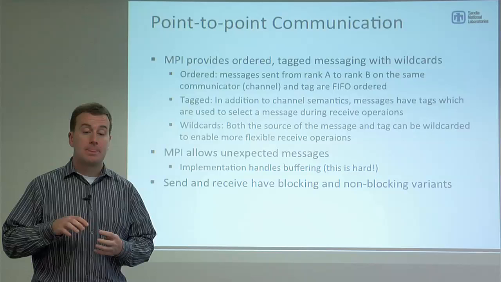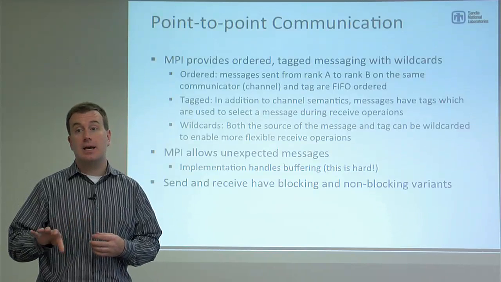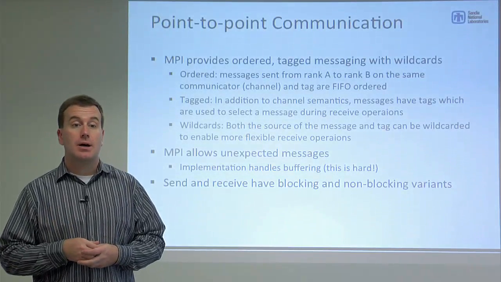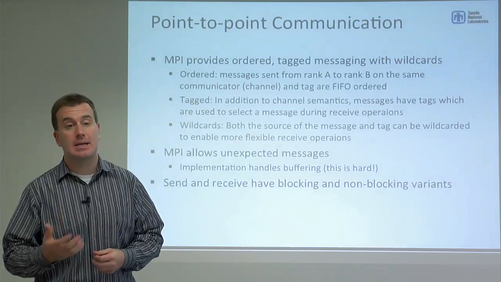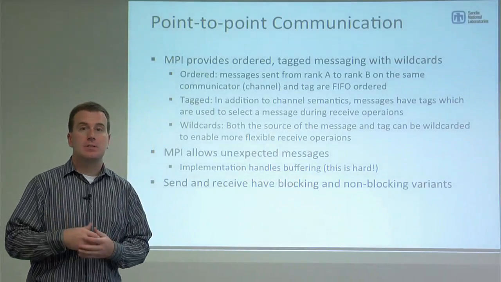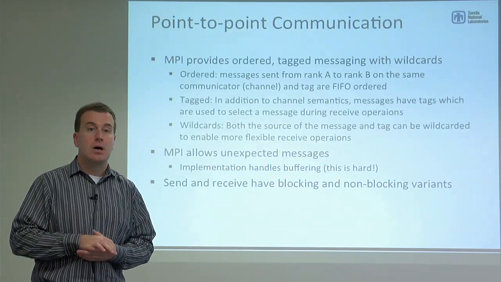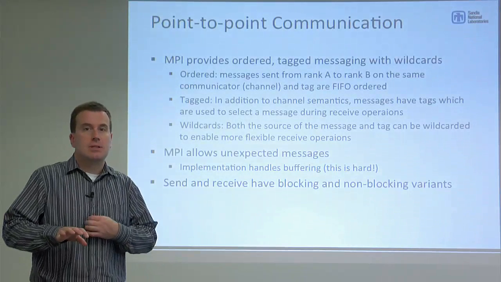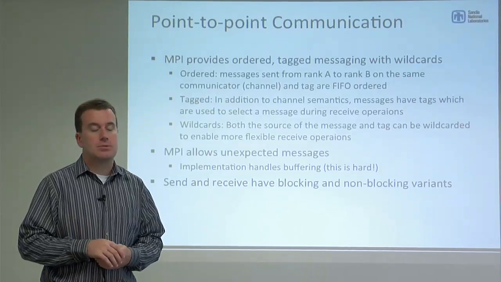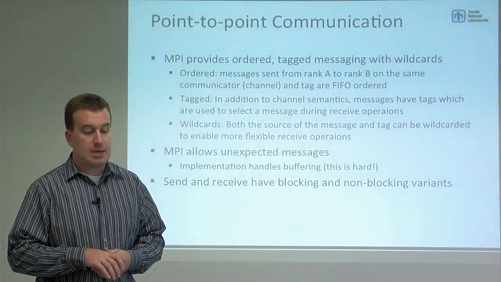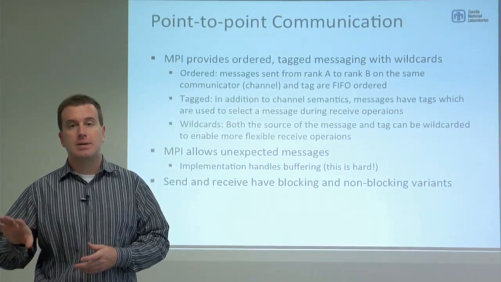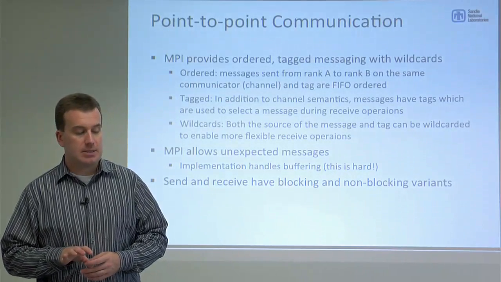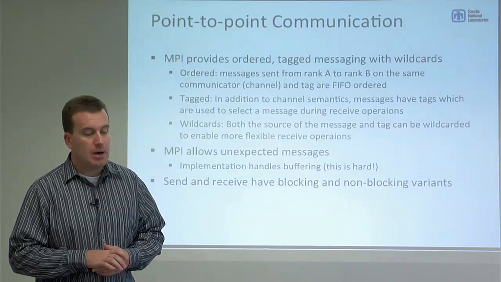For both the source and the tag of an incoming message, when you post a receive, you can wildcard. You can say MPI_ANY_SOURCE or MPI_ANY_TAG, which says you don't care about the tag or the source. For the source, that's not too big of a deal. The tag really limits some of the structures for matching that I won't talk about today. But there's a whole lot of message matching to keep that ordering, and the optimizations you can do are fairly limited because of these wildcards.